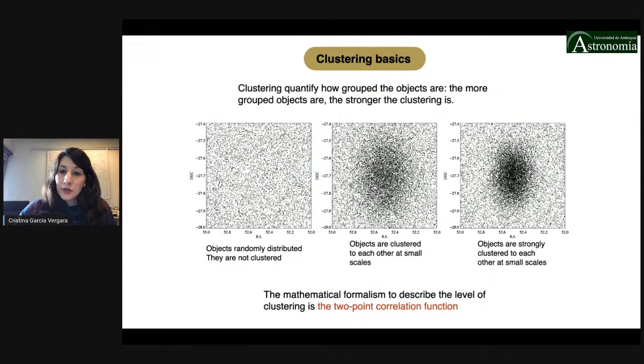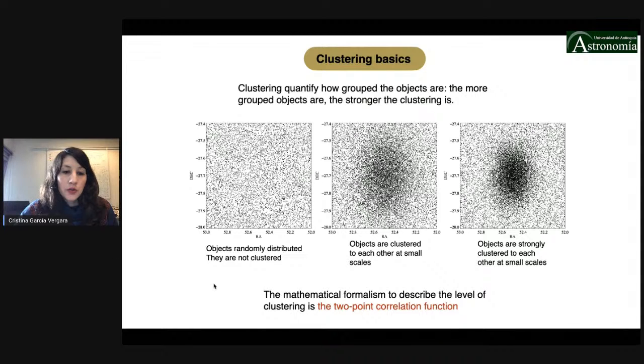And in this extreme case, the clustering is much stronger. You can see that points are more accumulated at these small scales. Then we can say that this is a strongly clustered population. This is the very basic idea of what clustering is.